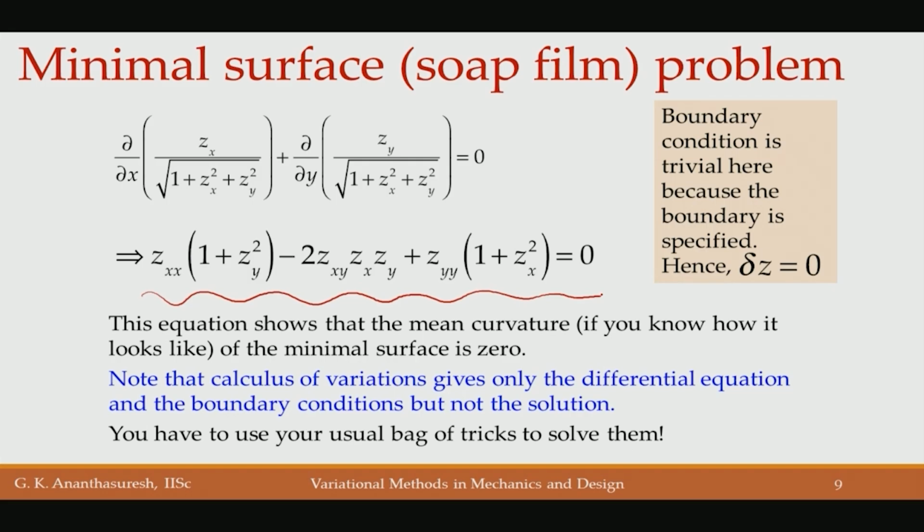Geometrically interpreted, this means that the mean curvature is 0. So, at every point on that minimal surface you have mean curvature equal to 0. That is something we need to remember.